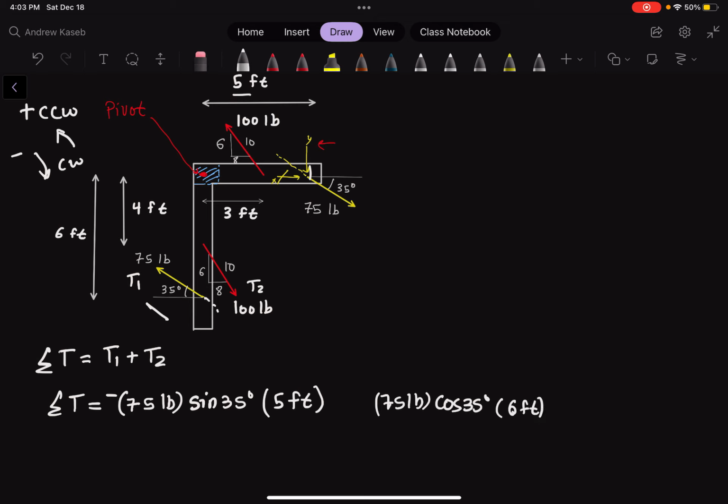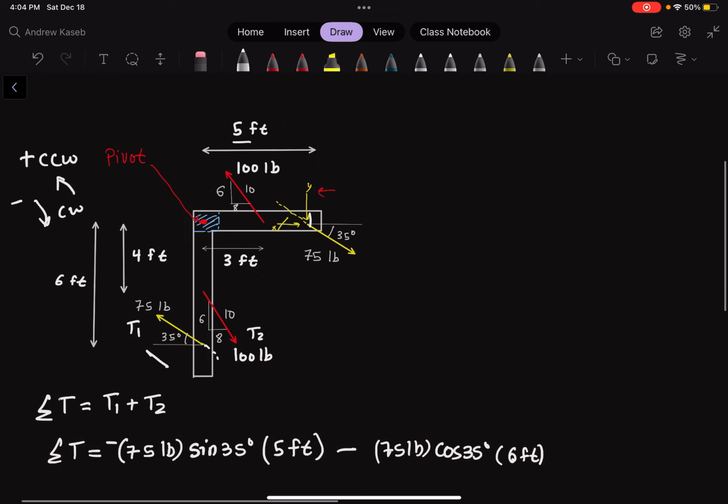Now, again, you gotta think, is this component of the force going to cause a clockwise rotation or a counterclockwise rotation? So here, draw the rod right here. This is your pivot point somewhere here, and you're pushing it with a force that's horizontal. So you can imagine that it will go in a clockwise motion. But since clockwise is our negative, we will need to include a negative sign right here.